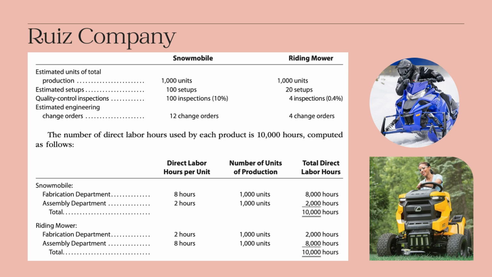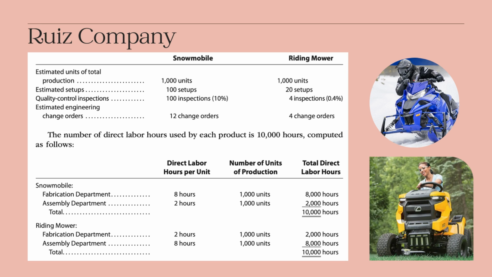For computing the activity rates, simply divide the total budgeted activity cost per identified activities, that is the fabrication, assembly, setup, quality control inspections, and engineering changes, and divide it by the computed total activity-based usage, which we have identified a few minutes ago.